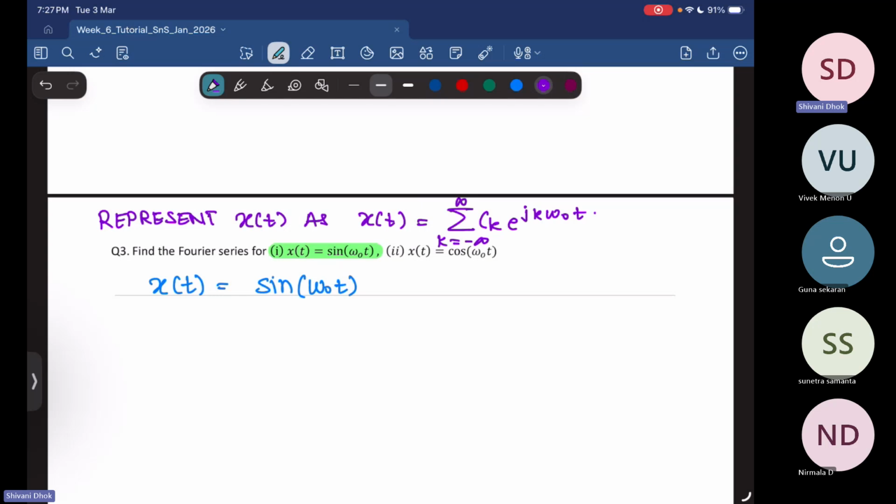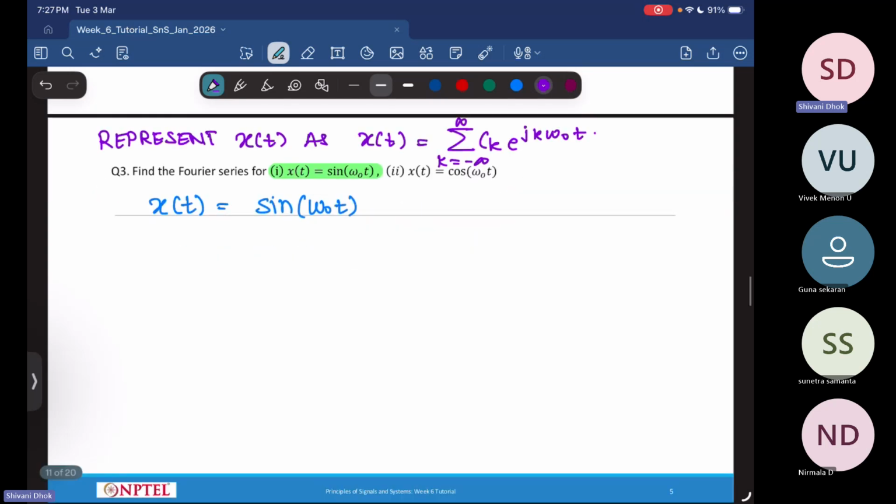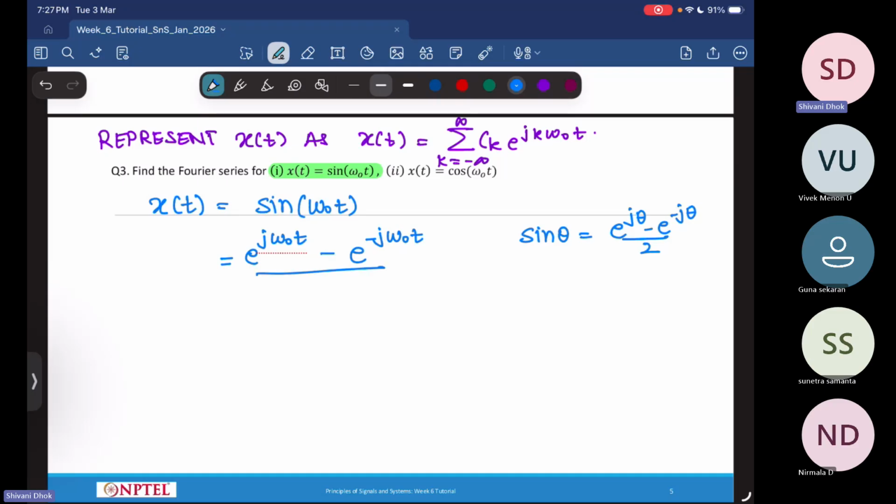From that we want to extract the values of the ck's. Now we know that sine theta can be represented as e power j theta minus e power minus j theta, divided by 2j. So sine of omega naught t we can write as e power j omega naught t minus e power minus j omega naught t, whole divided by 2j.